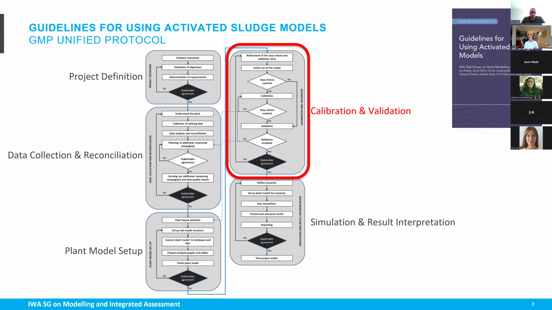Basically, if you have good data, the calibration validation step becomes a minor step. And similarly important is the plant model setup, just capturing the information of the real system in your model.